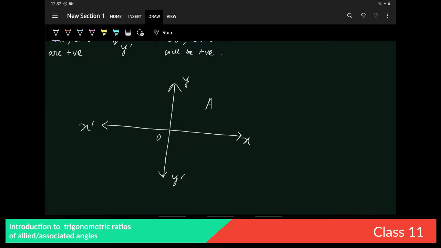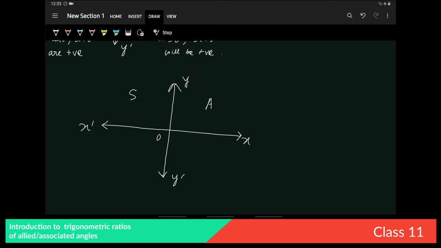A stands for all the trigonometric ratios positive. Now in second quadrant I am writing S. Now what does S stand for? S stands for sine theta. If sine theta is positive, then its reciprocal will also be positive. It is normal. So I am writing in first quadrant that all trigonometric ratios are positive, that is A in short form.